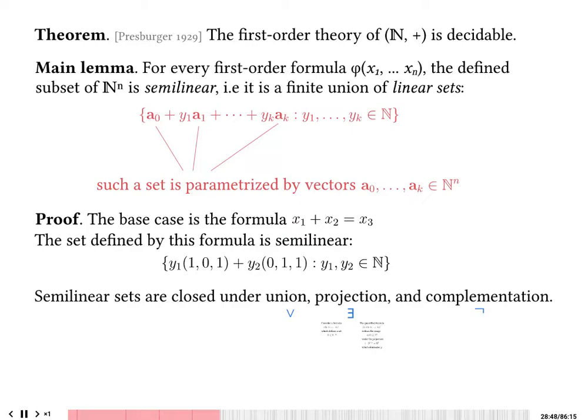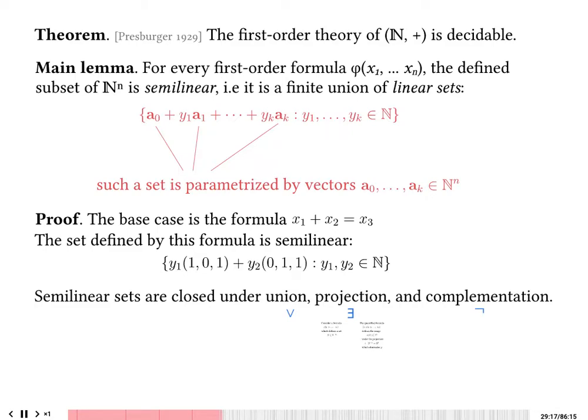You can rather easily see that semi-linear sets are closed under projection. All you need to show is that linear sets are closed under projection. And what you do is you just look at all of the vectors and eliminate the coordinate that is being projected away. That's rather simple. The only remaining technical thing to do is to prove that semi-linear sets are closed under complementation. This can be done using a little bit of modulo arithmetic and greatest common divisors. I don't want to get into the details of this.